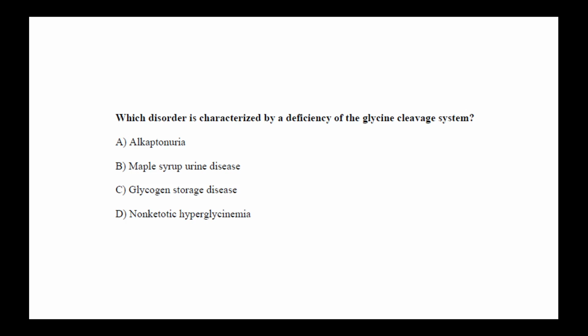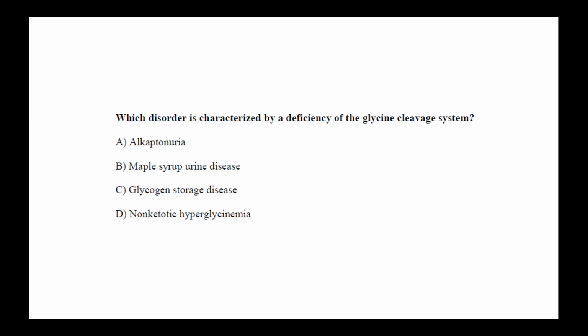Which disorder is characterized by a deficiency of the glycine cleavage system? Option A, alkaptonuria. Option B, maple syrup urine disease.